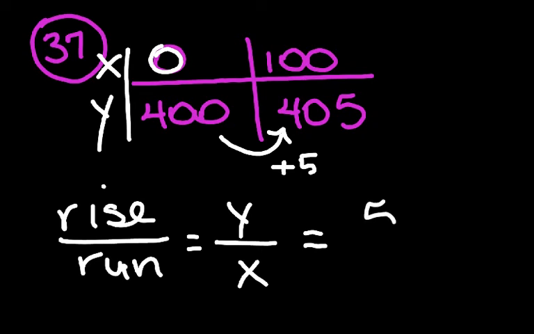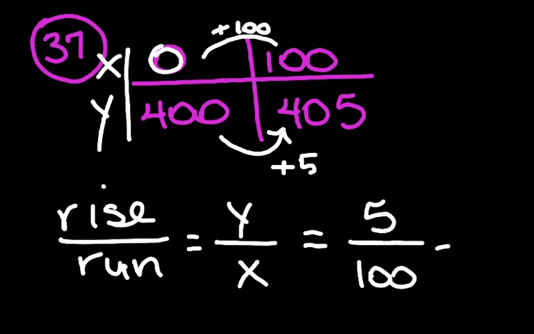So the rate of change is 5. From 0 to 100 gives you plus 100. So the rate of change is 100, which reduces to 1 over 20. So your slope is 1 over 20. Your y-intercept is 400. The only one that says that is D as in dog.